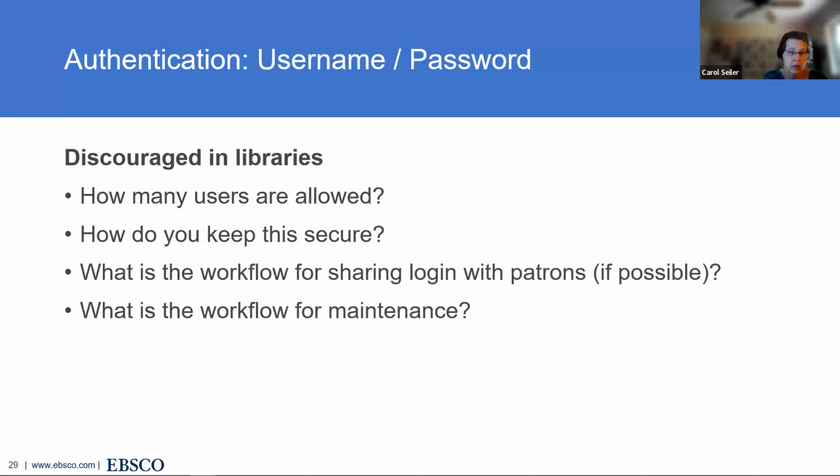It takes a lot for me as a librarian to purchase something that's username, password access only. It's got to be really, really, really important. And it's because it's so hard to maintain that access point.